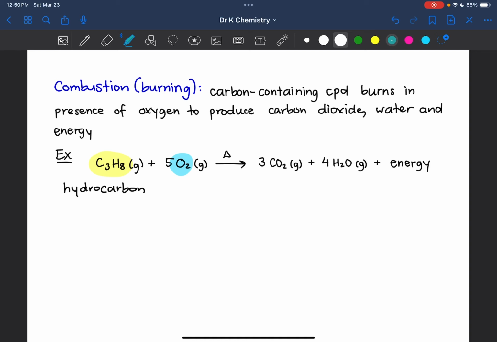The products will always be carbon dioxide and water, and that will not change. So everything that I colored here in blue is always going to be the same. You'll always have oxygen, you'll always produce carbon dioxide and water. The only thing that will vary is the identity of the hydrocarbon. So predicting the products of combustions is pretty straightforward. Always carbon dioxide, always water.